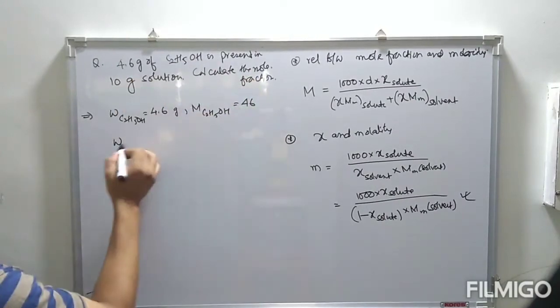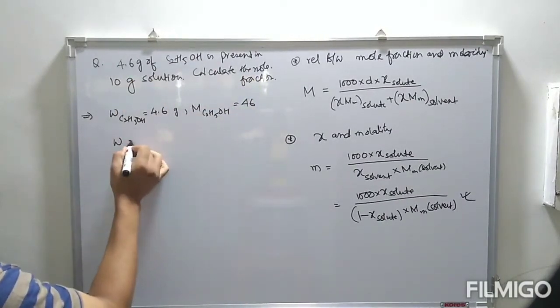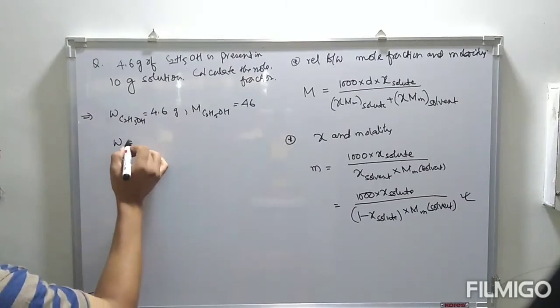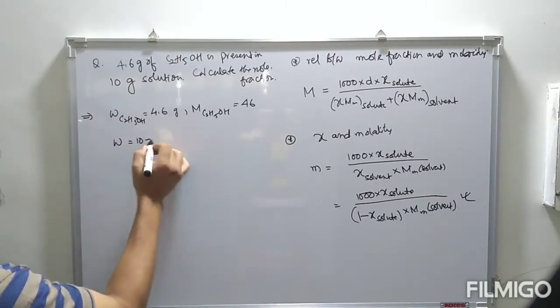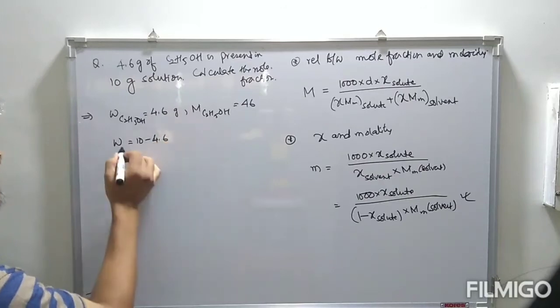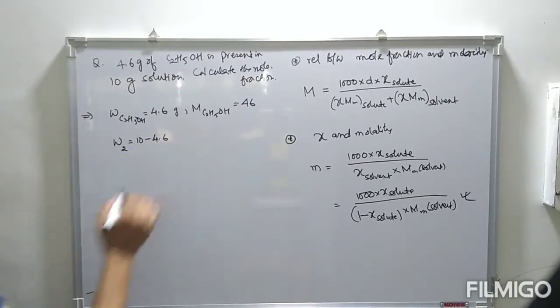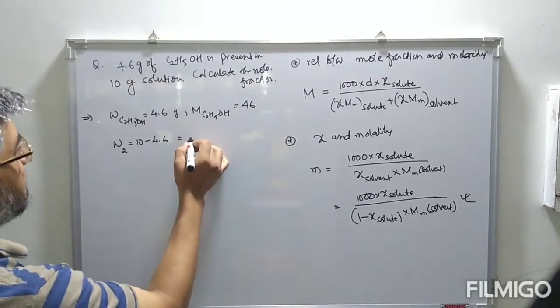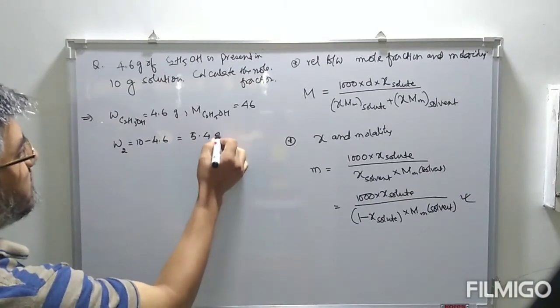Mass of another component, second component, that is 10 minus 4.6, that is the second component, this is 5.4 gram.